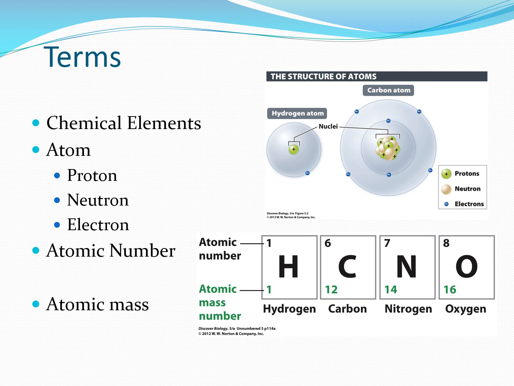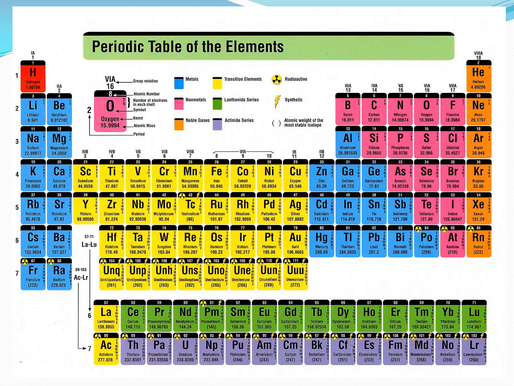The atomic mass looks at the combination of the 2 major sized subunits of an atom, the protons and the neutrons. Remember, electrons are very small compared to the protons and neutrons. So the protons and neutrons come together to form what is called the atomic mass number. So the atomic mass number is the protons and neutrons, and the atomic number is just the number of protons.